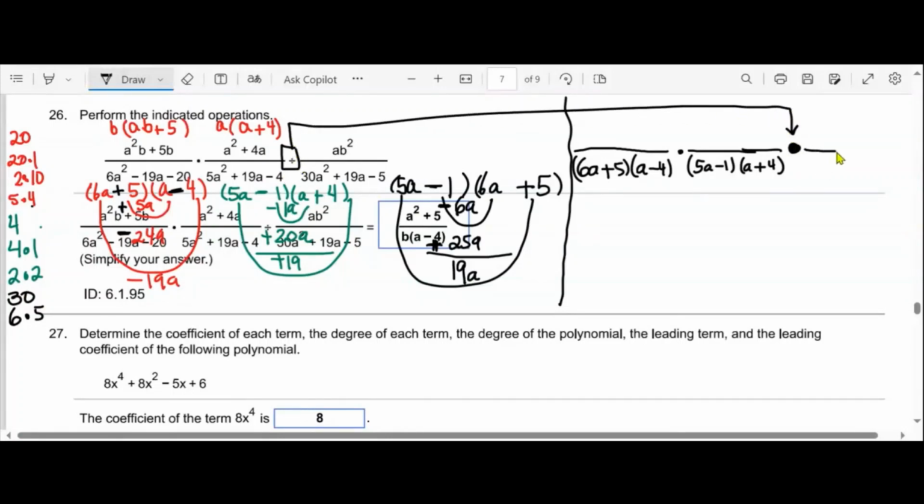Multiplication. Flip. So this is going to be 5a minus 1, 6a plus 5. Over what? ab squared. And here, what do I have? I have a plus 4, b plus 5.